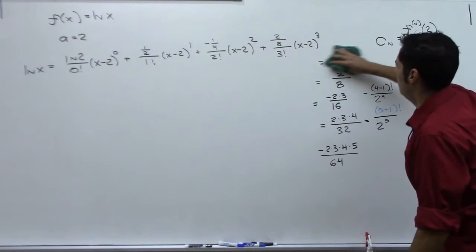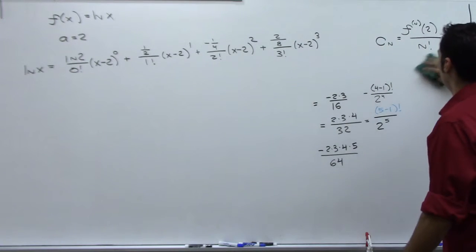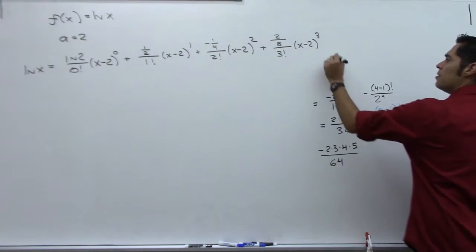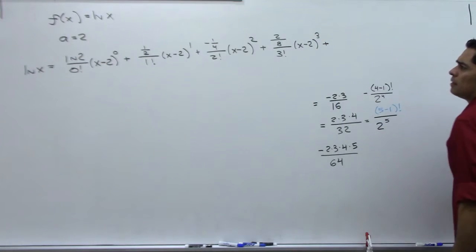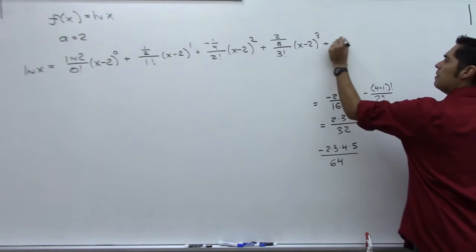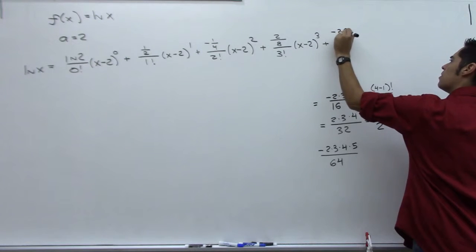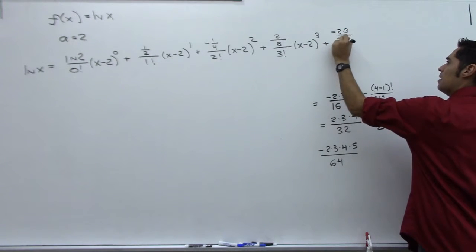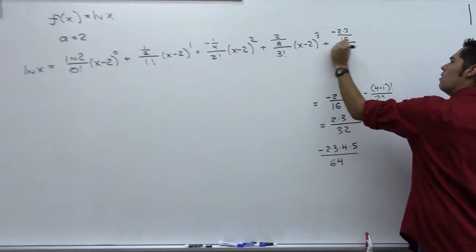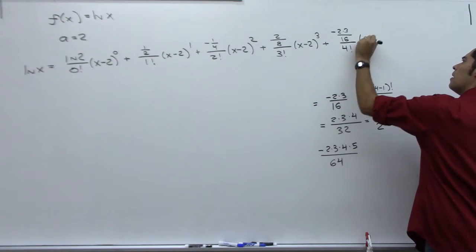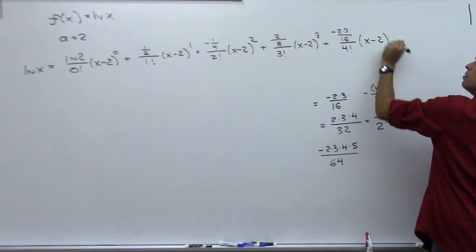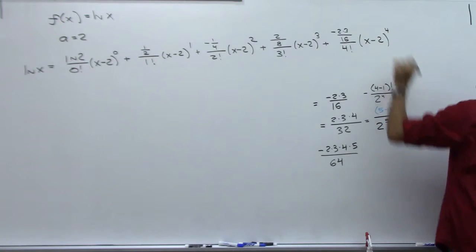So I've done those. The next one is plus negative 2 times 3 over 16 over 4 factorial, x minus 2 to the 4th.